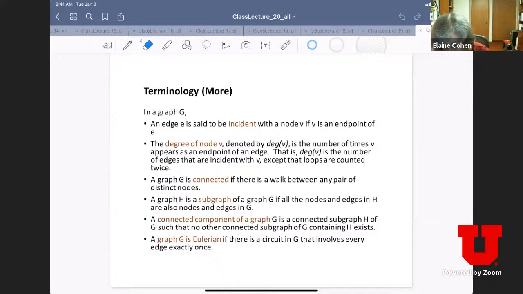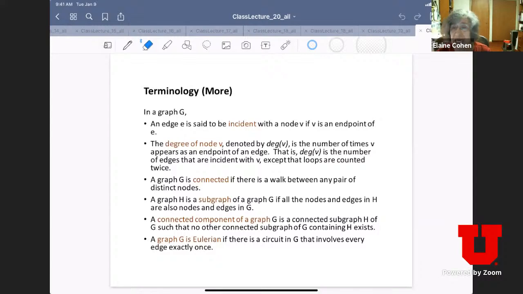A graph H is a subgraph of a graph G if all the nodes and edges of H are also nodes and edges of G. A connected component of a graph G is a connected subgraph H of G such that no other connected subgraph of G containing H exists.